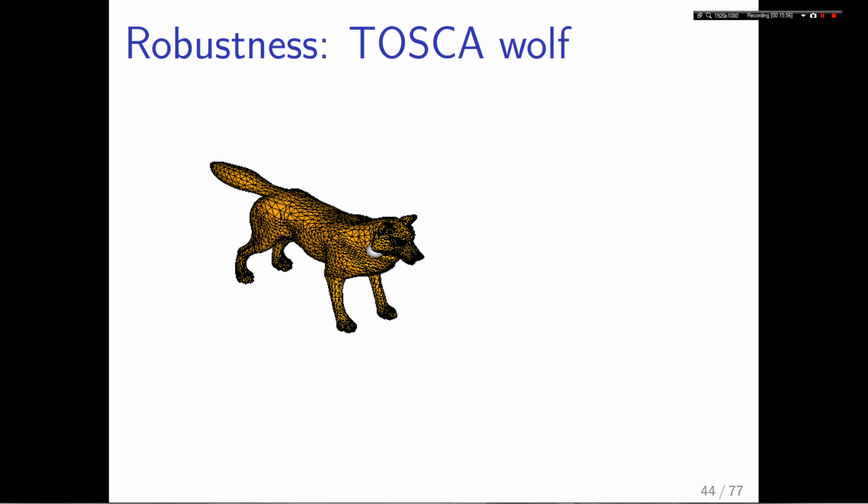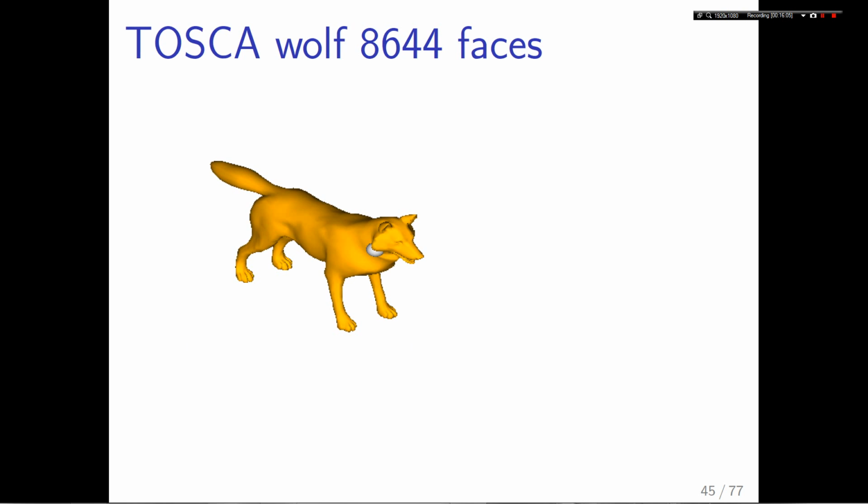First is the robustness. Here is a mesh from the Tosca data, and you can see this mesh has 8644 faces. And this is the associated geodesic spin contour at this point, which is indicated by the gray ball here.